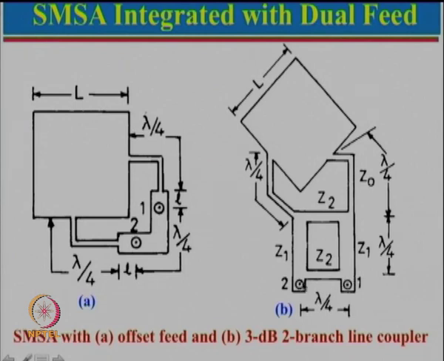So, this one here and this one here, these two cancel each other, and hence power coming is 0. Now, for this side here also you can see that the power goes here which is lambda by 4, which is 90 degree, from here to here to here, again it is going as 270 degree.